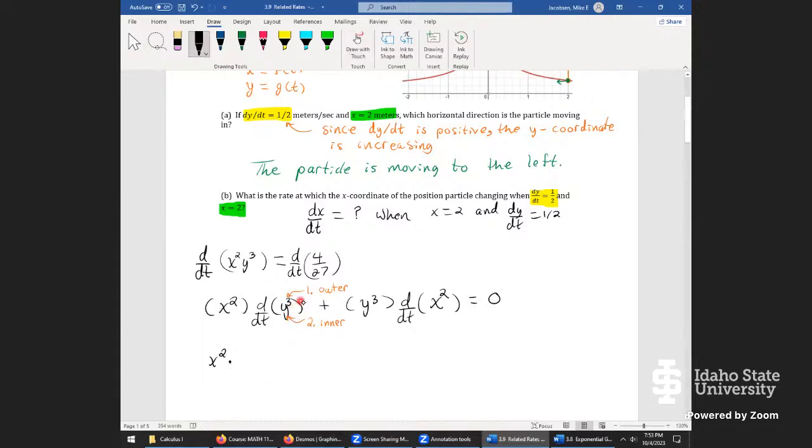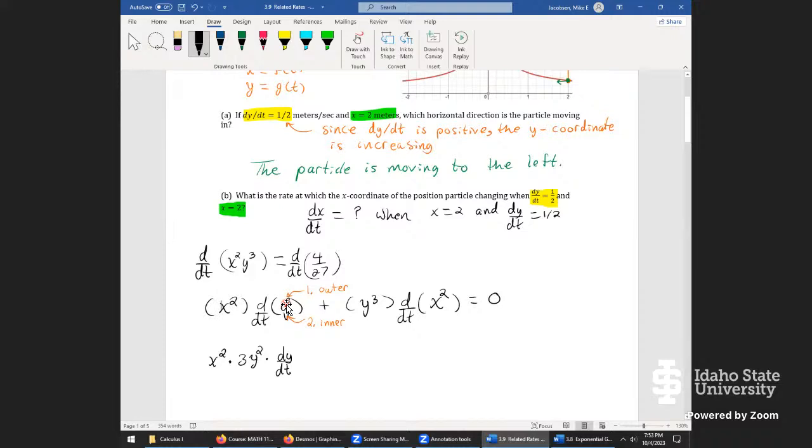Take the derivative of the outer function first. It'll essentially look like this: 3 and y gets taken to the power of 2. Then we multiply by the derivative of the inner function. I wouldn't want to call that a y prime. The better format would be dy/dt. So that's our first run through on that derivative there.